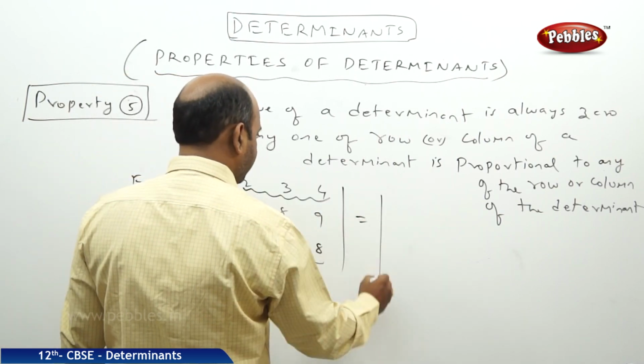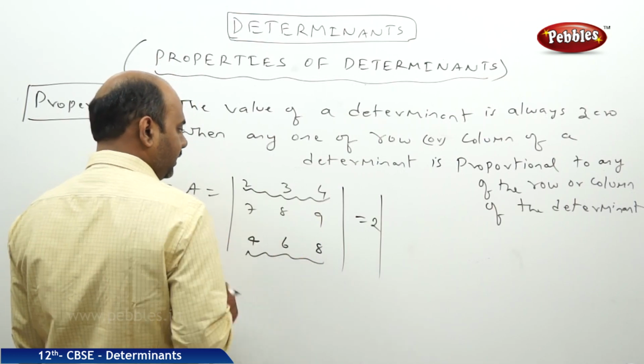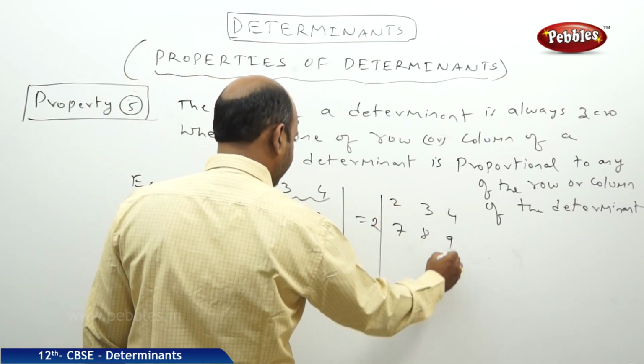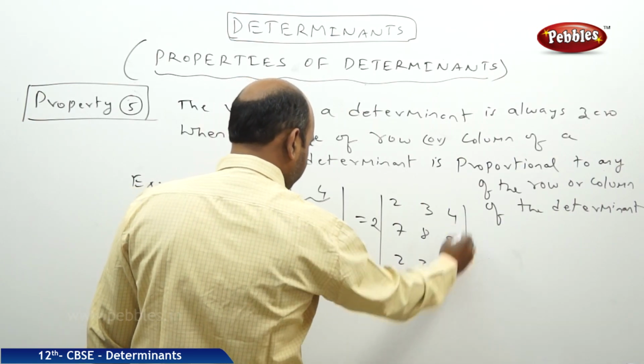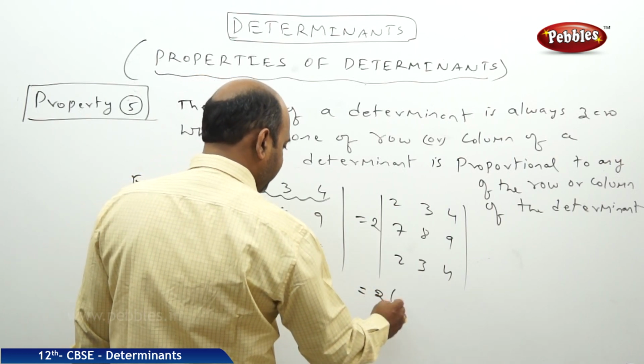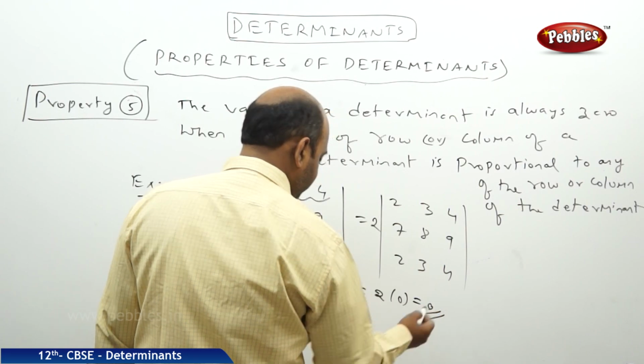That means 2 is taken common from the last row. So it turns to 2, 3, 4, 7, 8, 9 and 2, 3, 4. Then if you observe carefully, 2 rows are identical. 2 rows identical means definitely its determinant is 0. So the value is 0.